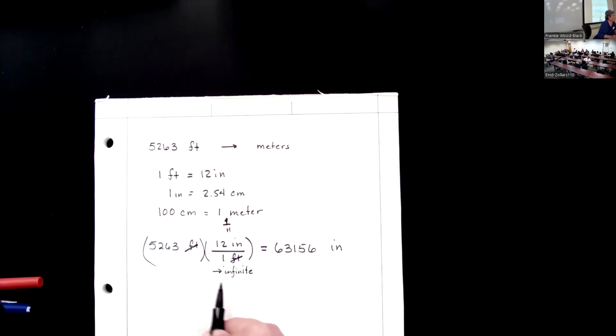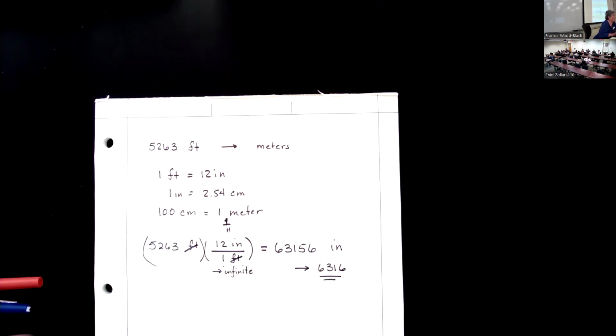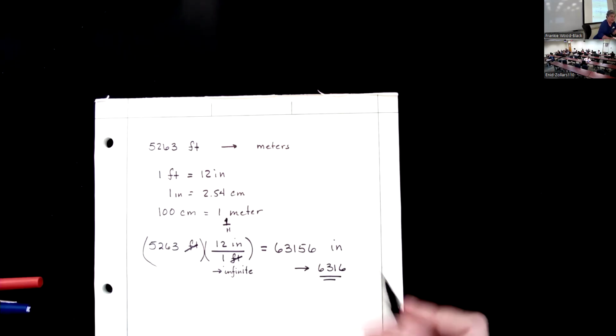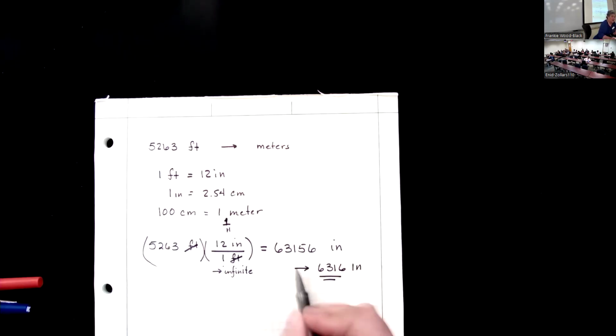But this one is considered infinite. So if I'm stopping here, I could only report 4 significant figures, because that's all I started with. So I would report 63,156. However, this is an intermediate calculation, so I'm going to hang on to my significant figure that I was given.